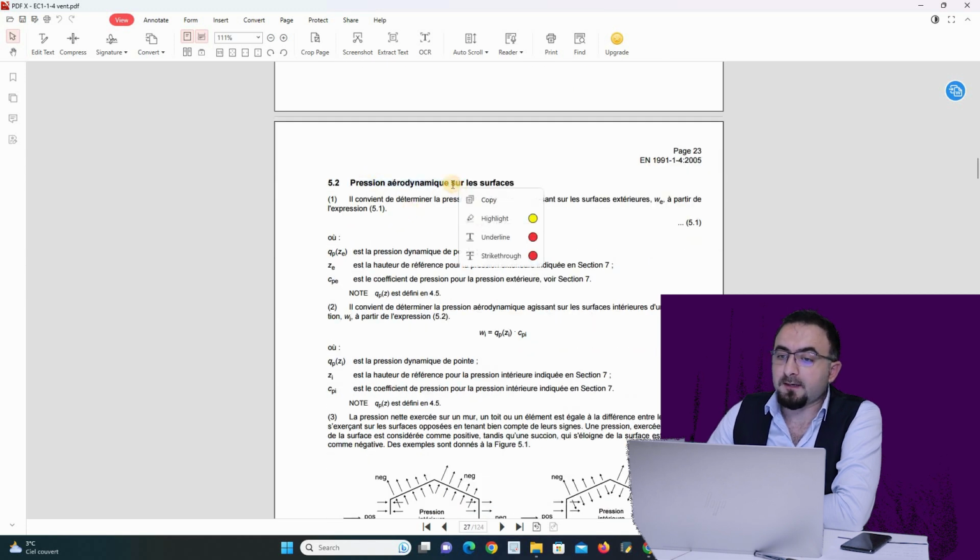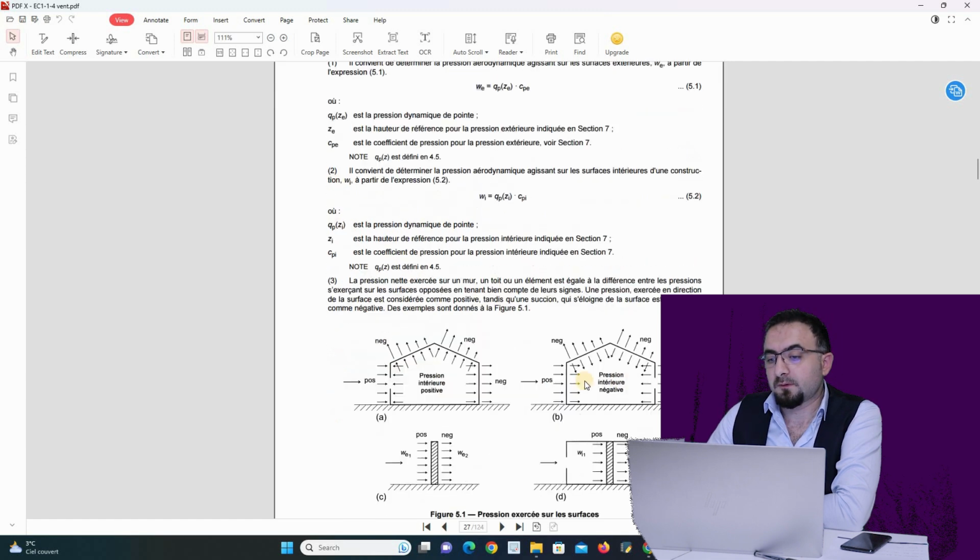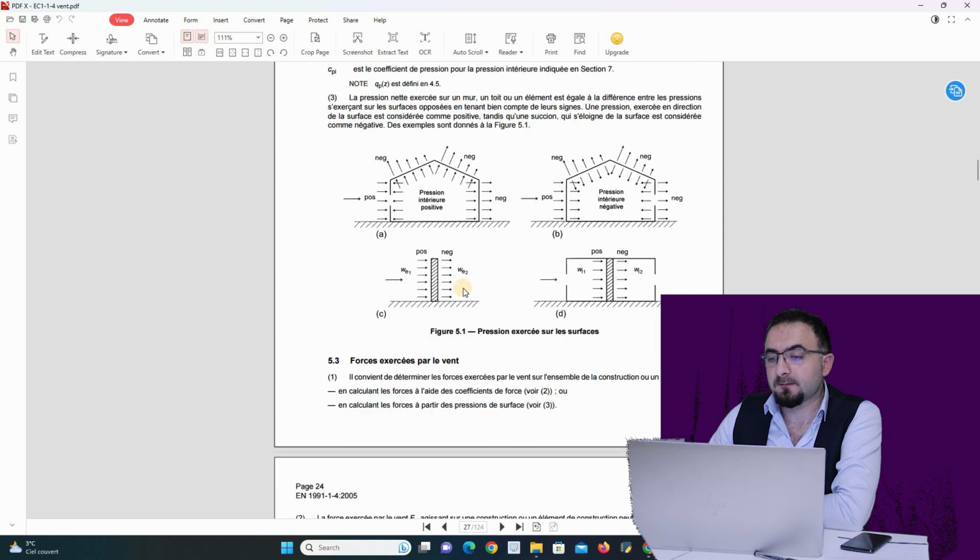For the dynamic pressure, we have interior and exterior, and interior and exterior can be negative or positive. It depends on the sign of the forces. If there is pressure, it is positive.